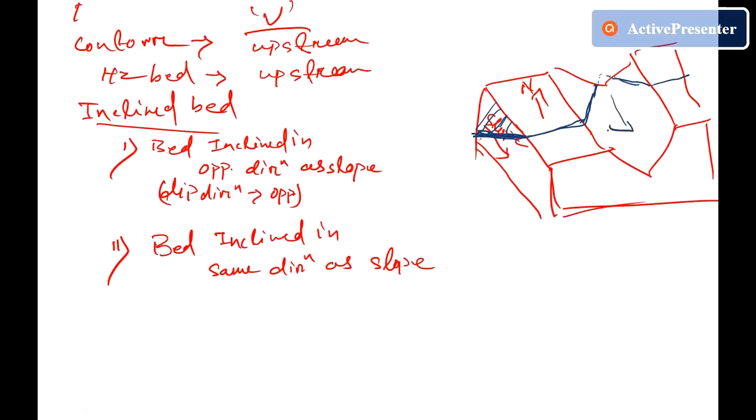Again, this is the flowing direction, this is the downslope, right? So if the bed is inclined in opposite direction as slope, it will also point V in upstream direction.